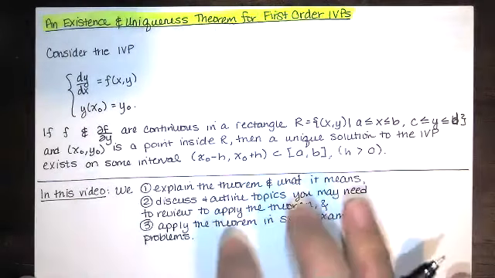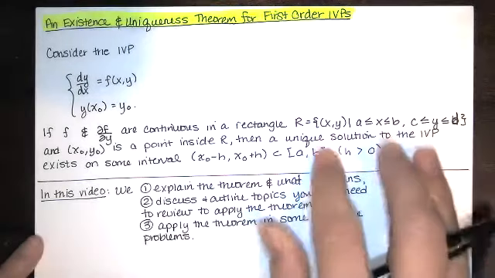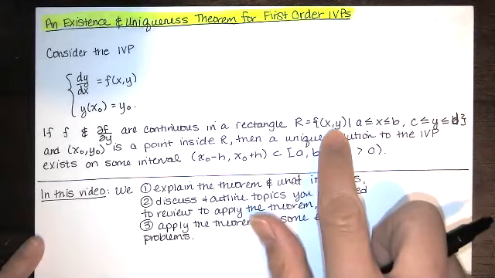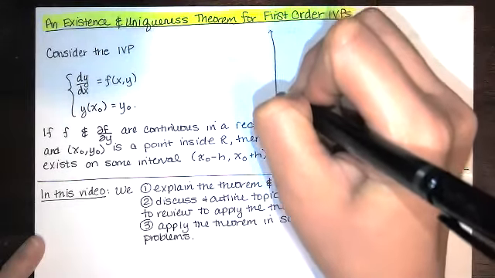So just a little bit more on this. Let's visualize what's going on. It says we've got a rectangle R, and it consists of this region.